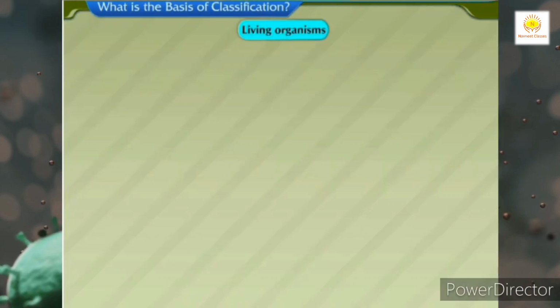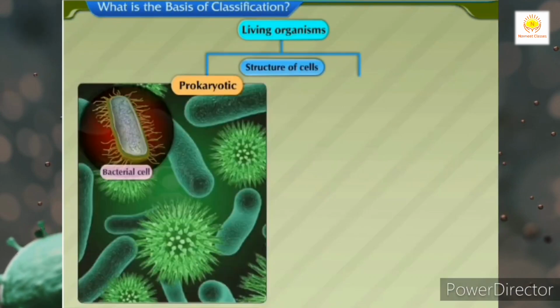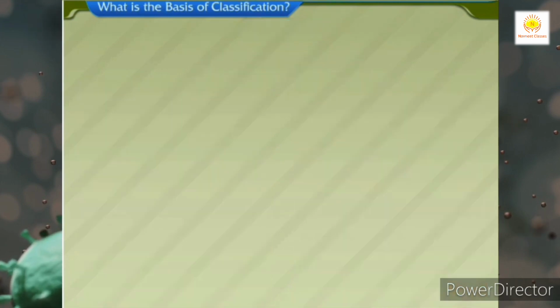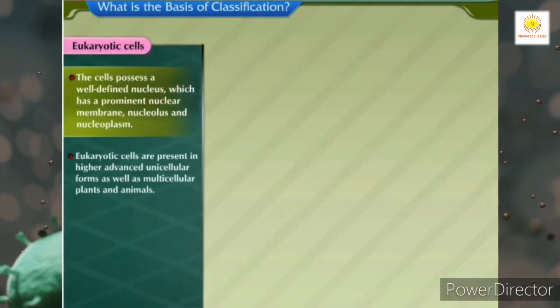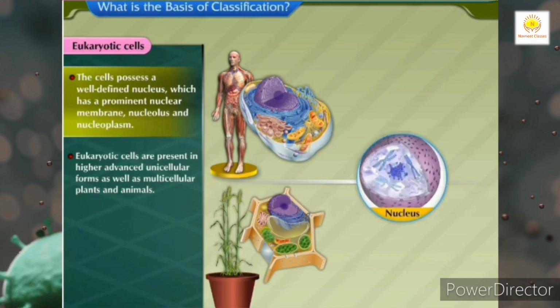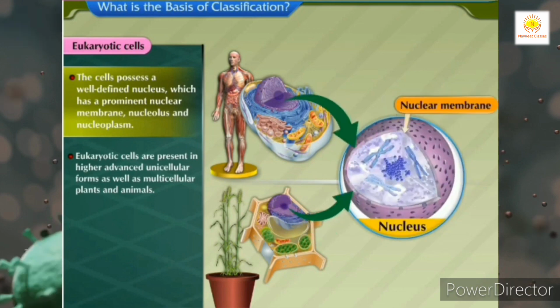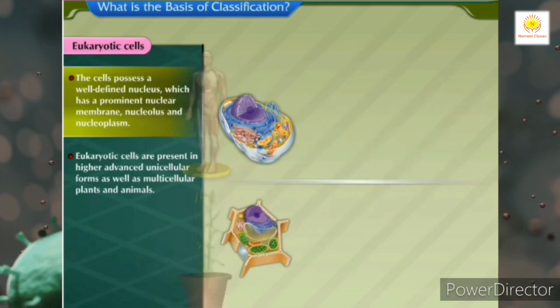Living organisms are classified based on the structure of cells as prokaryotic or eukaryotic. Eukaryotic cells possess a well-defined nucleus which has a prominent nuclear membrane, nucleolus and nucleoplasm.